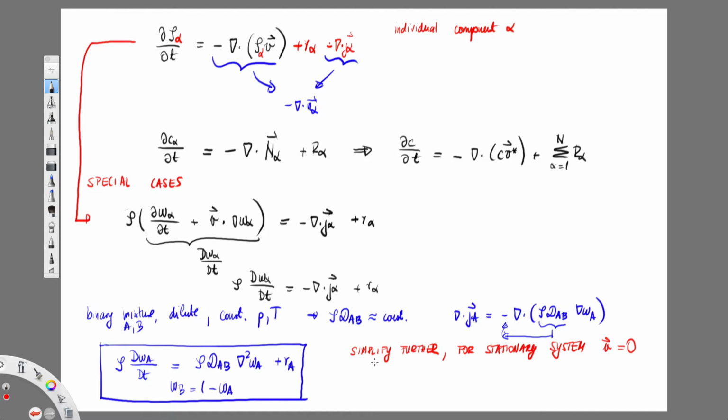And I have, with no chemical reactions, then this material derivative is simply a derivative in time because my V is 0, right? So I have V dot, this V is 0, so that's going to be a simple derivative. And RA is 0 here, so what I'm going to simply have is that rho partial derivative of omega A partial t is rho DAB Laplacian of omega A.